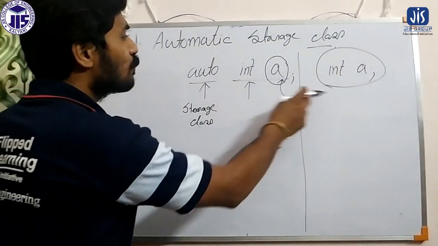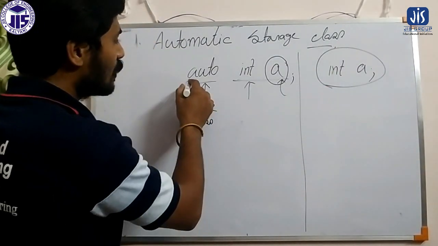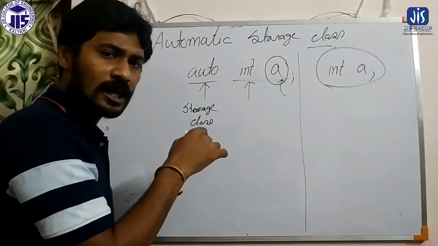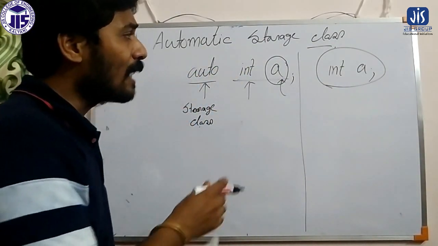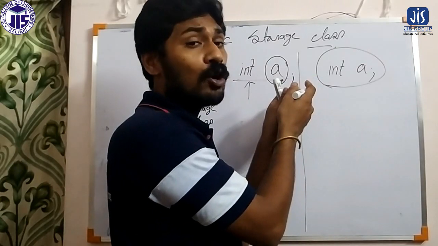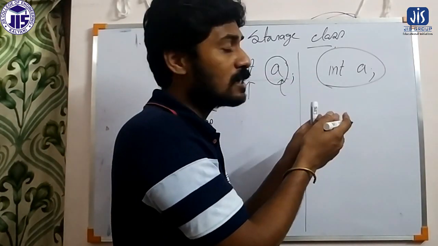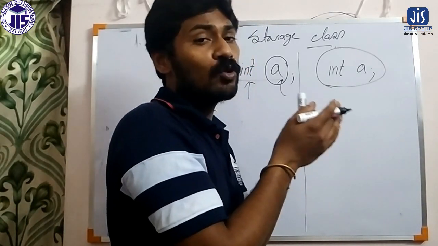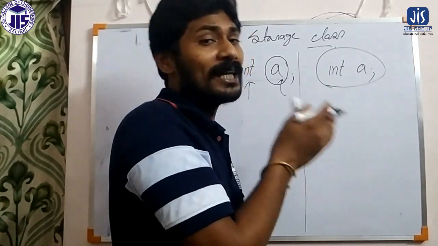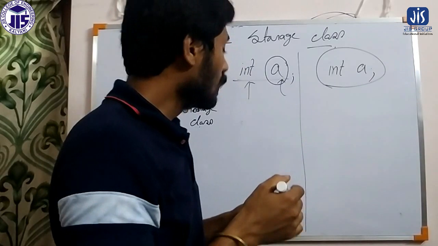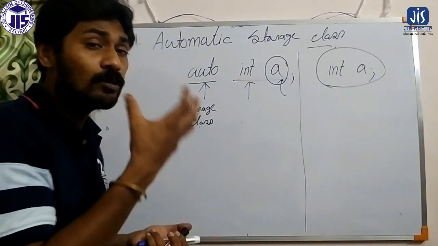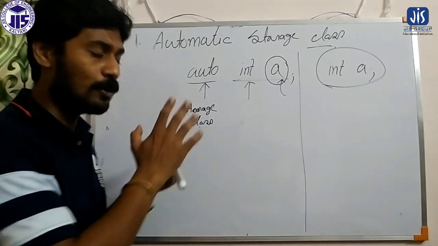In both examples, if you write the storage class before the data type, then it is automatic because we have used the auto keyword. And if you are not mentioning any particular storage class for a variable, that is also right, where automatic storage class will be applicable by default. Now what this automatic storage class is and what effect we will get due to this, that I will show.